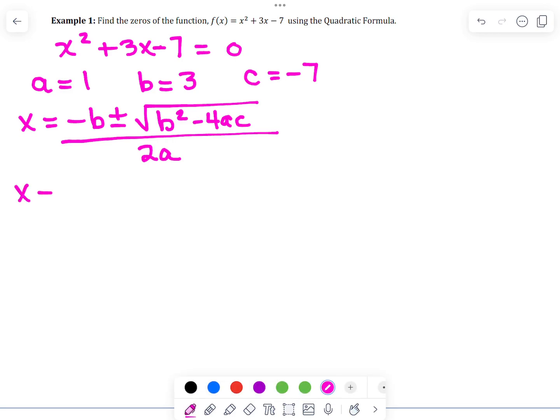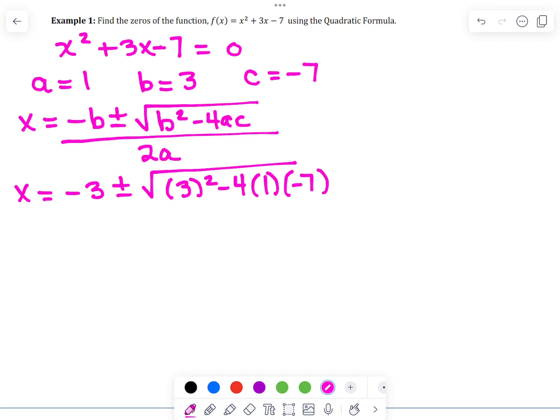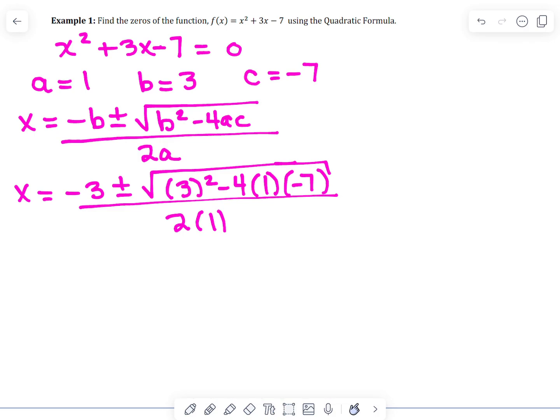So x equals negative 3 plus or minus the square root of b squared, so I'm going to substitute 3 in, minus 4, substitute the a in, which is 1, substitute the c in, which is negative 7, all over 2, replace the a with 1.